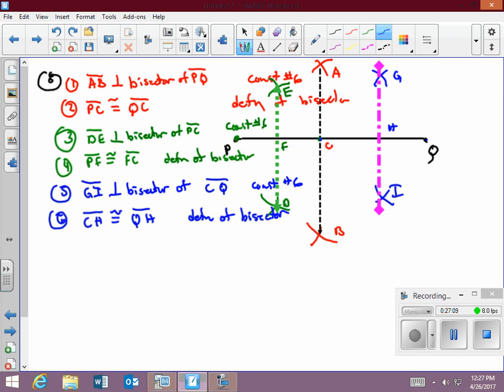Now, we've actually shown this one and this one are congruent. This one and this one are congruent. Then the PC and QC are congruent.